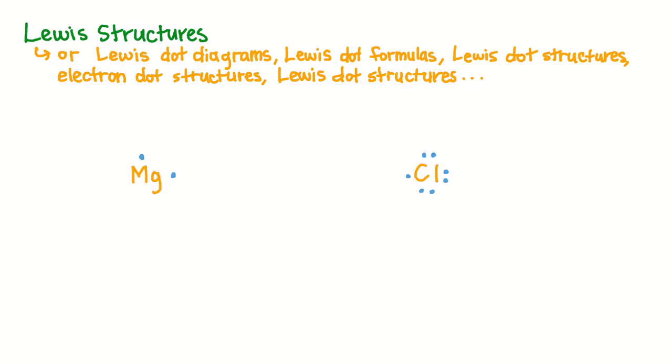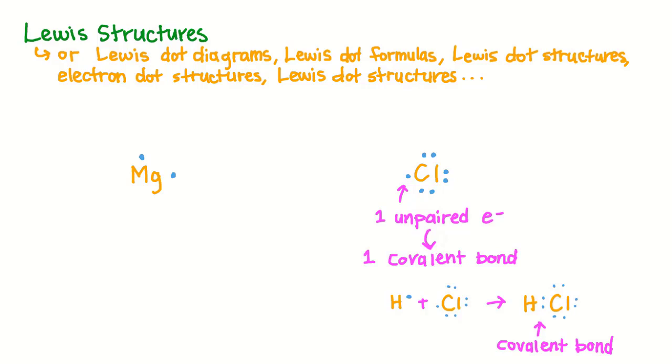Looking at a Lewis structure can tell us a lot about the ions an atom will tend to form, or the number of bonds the atom will tend to form. When we look at chlorine's Lewis structure, we can see that 1 of the electrons is unpaired. This means that it can share that unpaired electron with another atom to form a bond, which is the conclusion we came to earlier when we were looking at the molecule HCl.